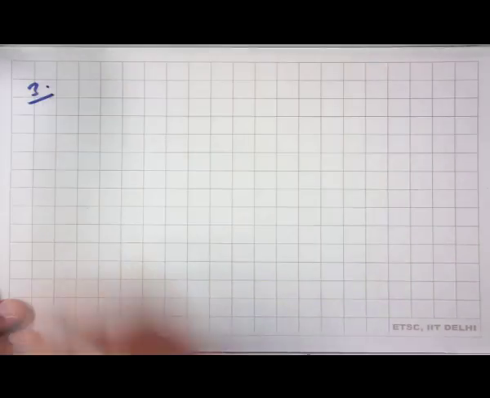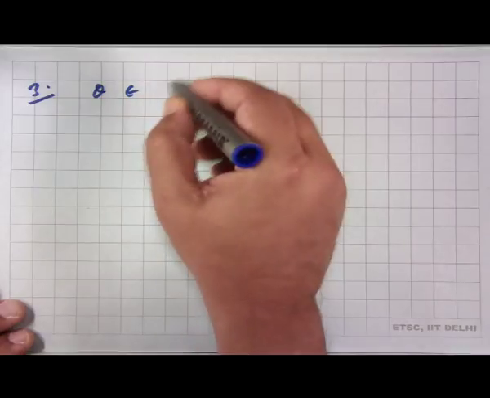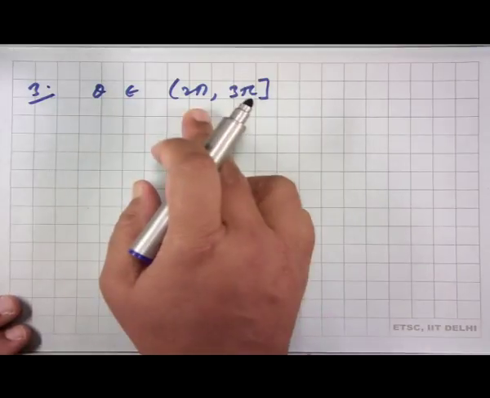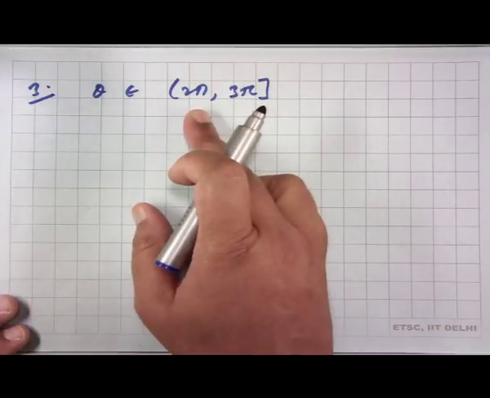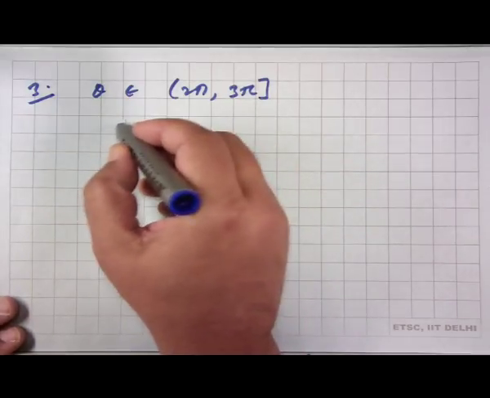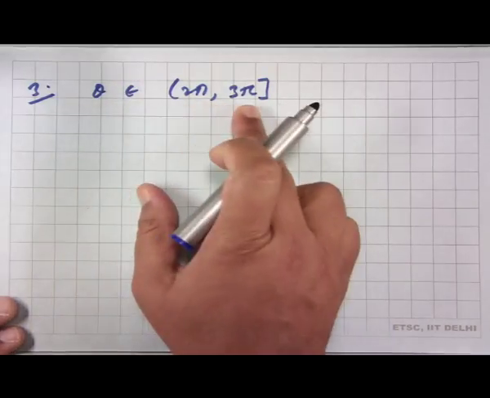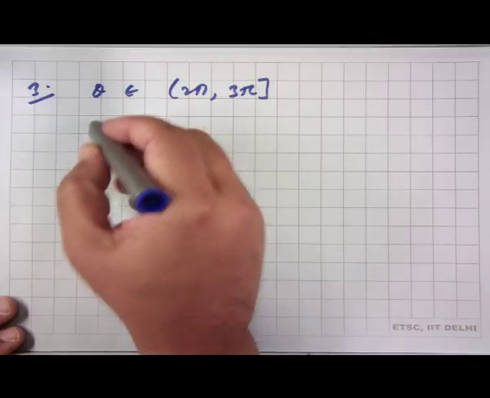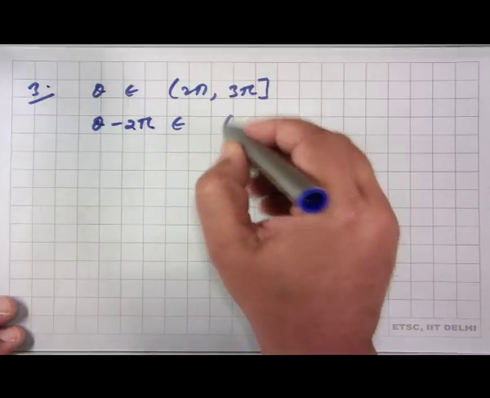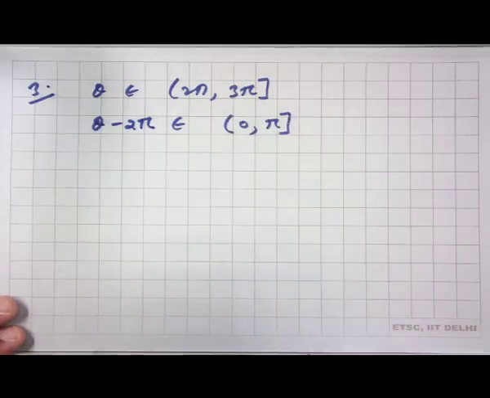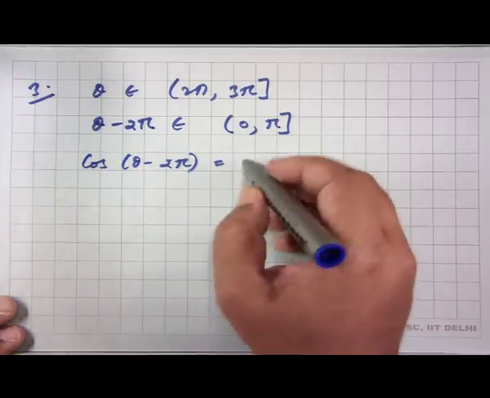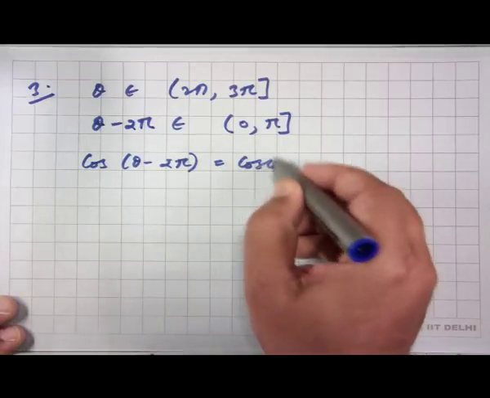Similarly, for the third case where theta belongs to 2 pi to 3 pi, again cos inverse cos theta will not be equal to theta. In fact, we can show that when theta belongs to 2 pi to 3 pi, theta minus 2 pi belongs to the interval 0 to pi, and cos of theta minus 2 pi is equal to cos theta.